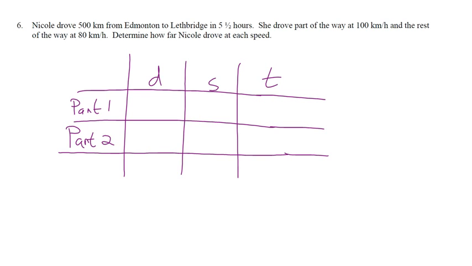X. How far did she travel part 2? y. How fast was she going on part 1? How fast on part 2? How much time did she spend at part 1? x over 100. And part 2, y over 80.